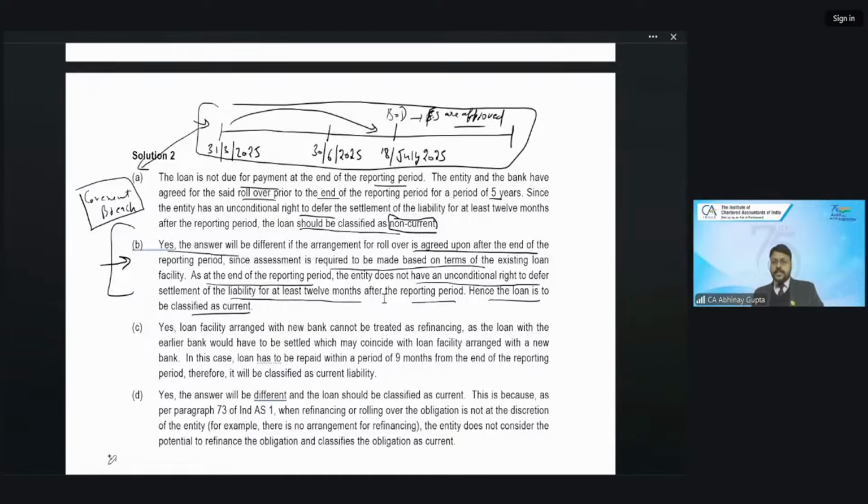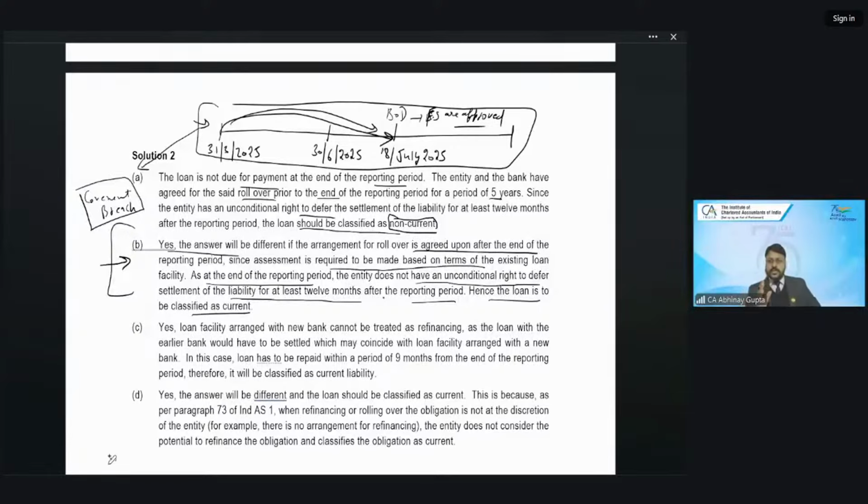But the Institute felt that in India, it might be very challenging for companies to track their covenants so minutely that they get these waiver letters from the banker on or before the year end date. Just to make their life simple, a carve out has been taken under Ind AS 1 as well as Ind AS 10 adjusting events, right? Because of this carve out, the date is extended from the year end to the financial statements approval date by the approving authority, which is the board of directors in case of a company, right? So that's the concept.